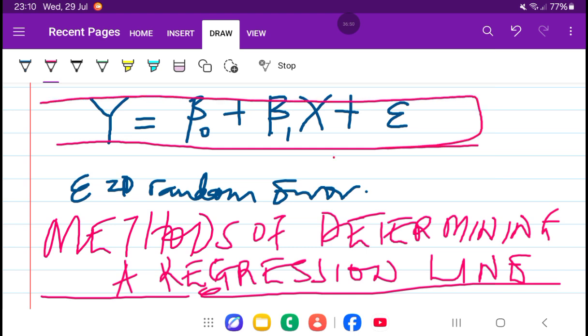As I said, some textbooks may just write it as y equal to a plus bx, as if it is just the equation that we use when we are dealing with costs.